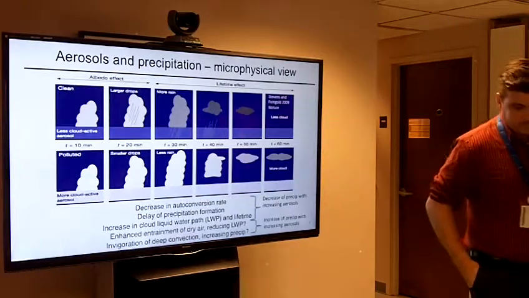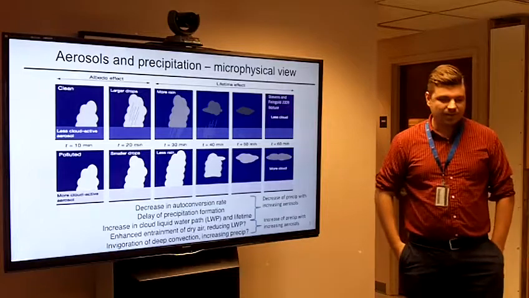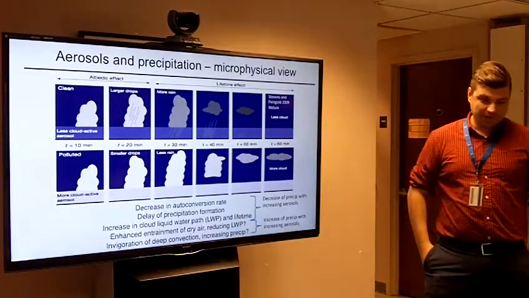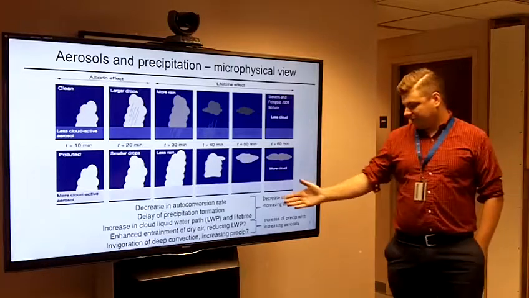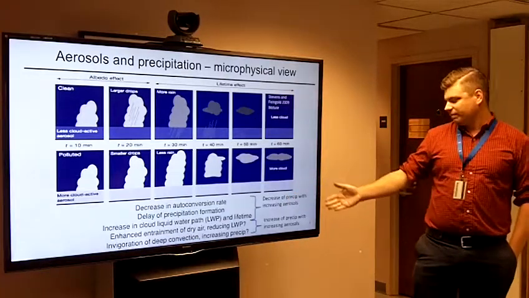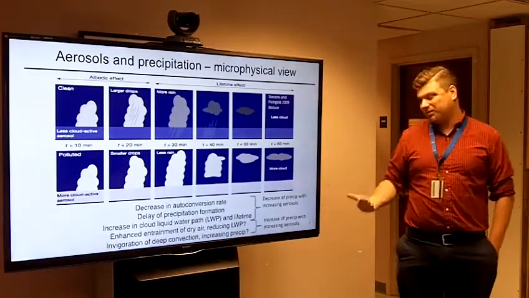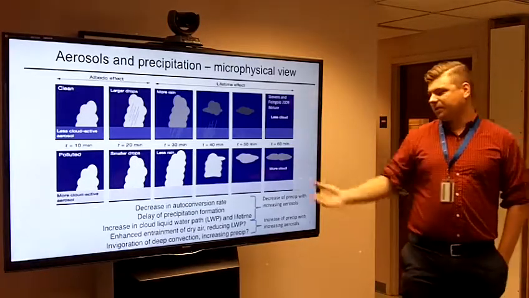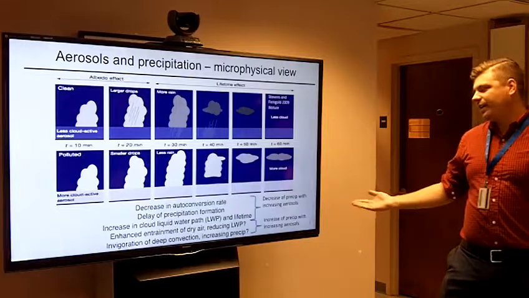But there are also some possible frameworks and mechanisms that have been put forward that say exactly the opposite, that increasing aerosols might result in increasing precipitation. One of those has to do with enhanced entrainment of dry air.